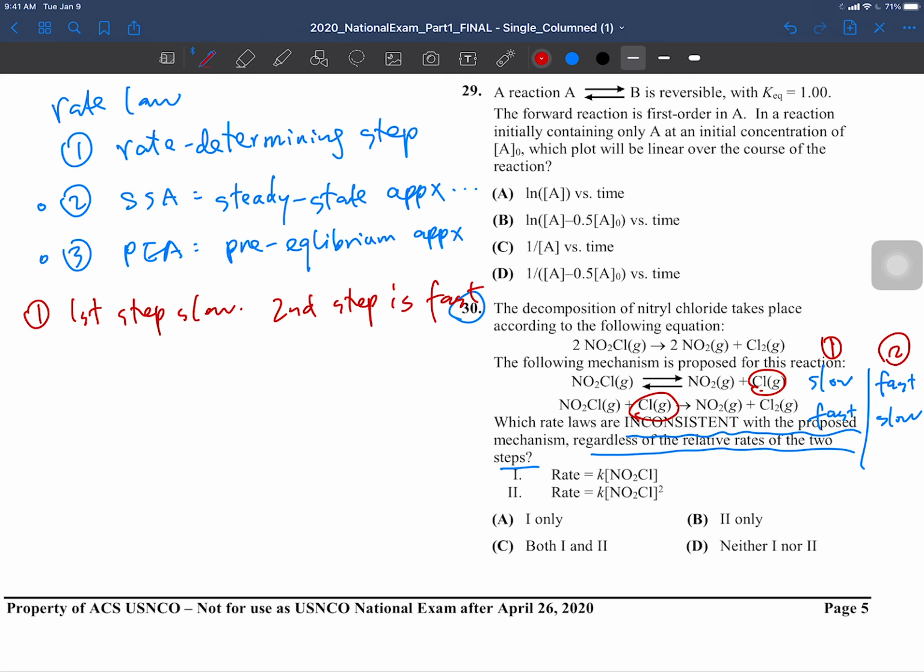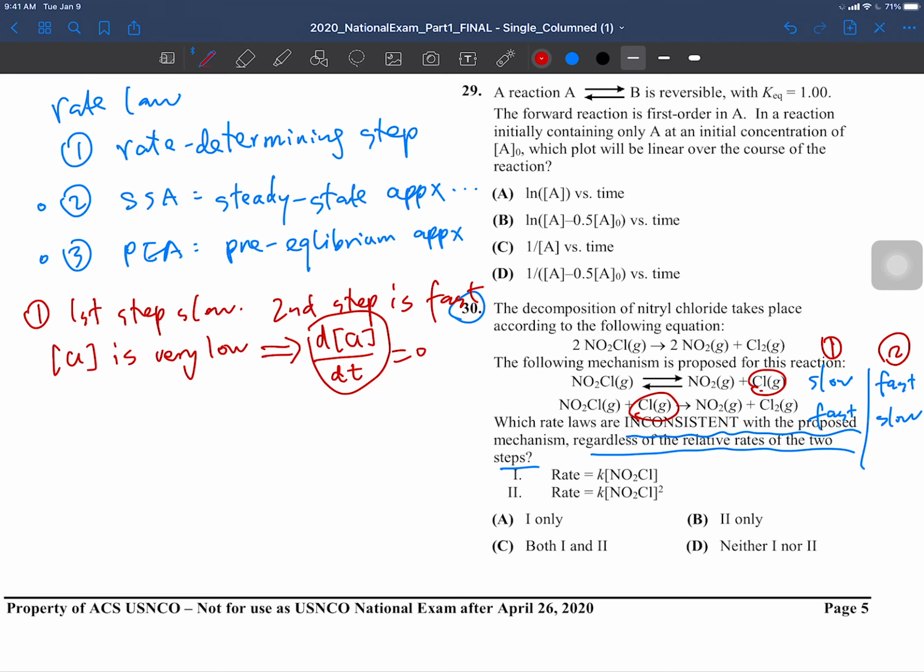Do you agree with this? Because it is produced slowly, and once it is produced, it's quickly consumed by the second step. And then we can say the chlorine concentration is very low. And then we further assume d[Cl]/dt is almost zero. What does this mean? Basically it means over a certain period of time, you can assume the concentration of the chlorine atom doesn't change.